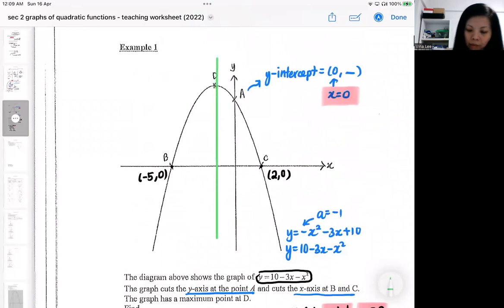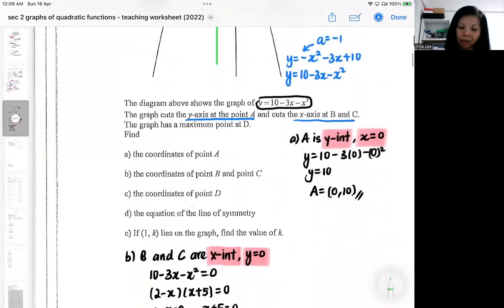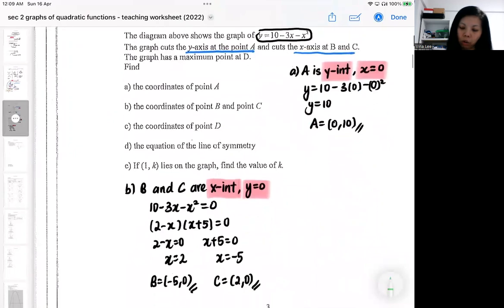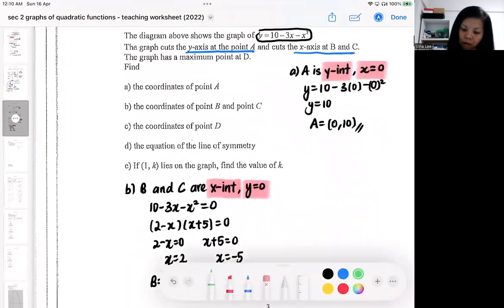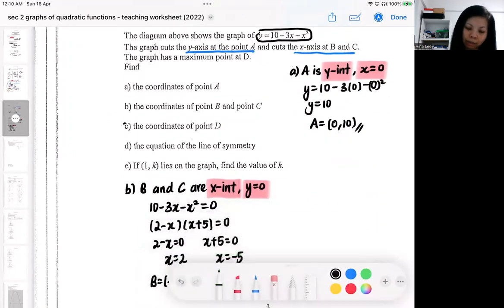Symmetrical meaning this and this will always be symmetrical about the highest point or the lowest point. So how are you going to find that? You will share the x-intercepts.